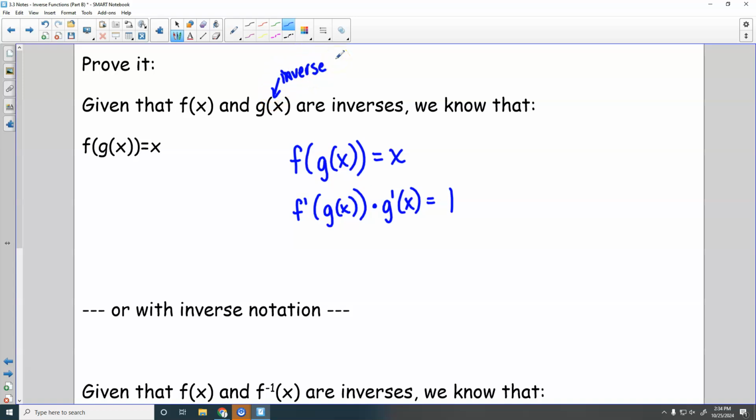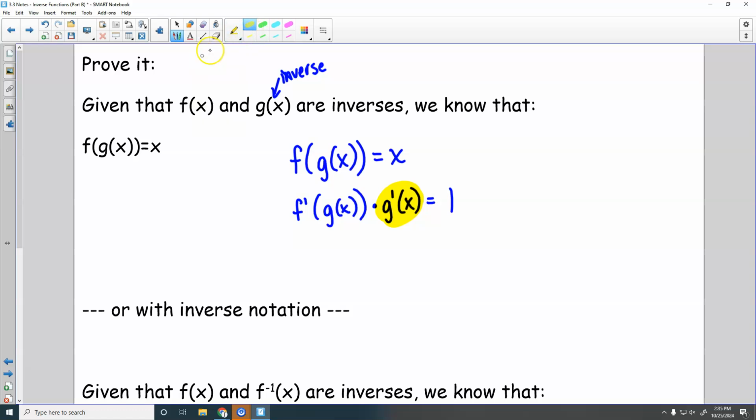Right? And what we're wanting is a formula for the derivative of the inverse, right? So what do I have written here that would be the derivative of the inverse? G prime, right? G prime of x, that's your derivative of your inverse.